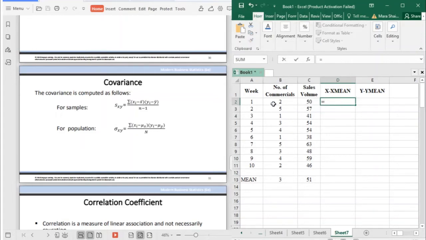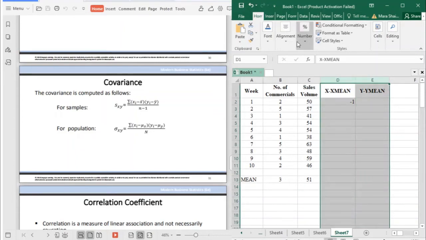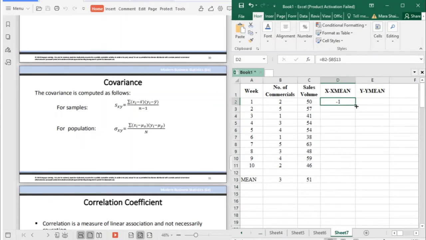So your x minus your mean. Let's put an absolute reference so that it will be easier. Okay, so there you go. And then for the y, let's add an absolute reference as well.